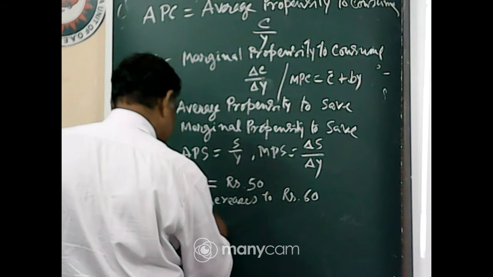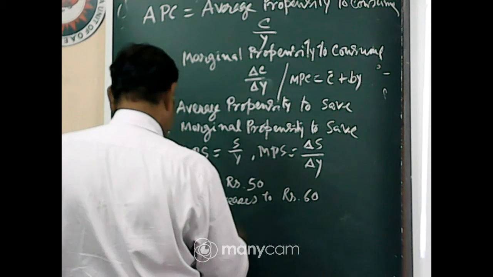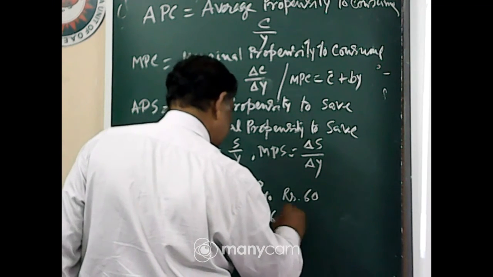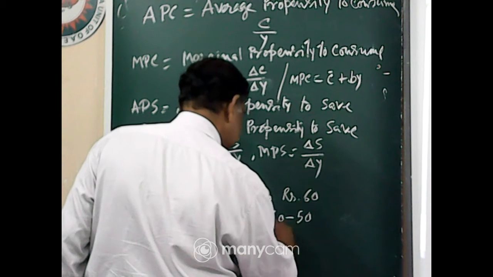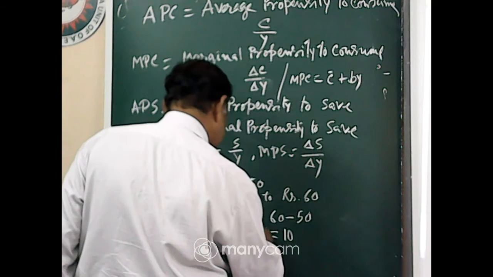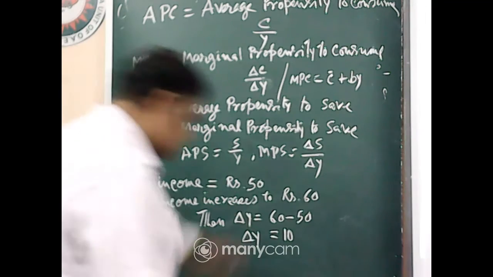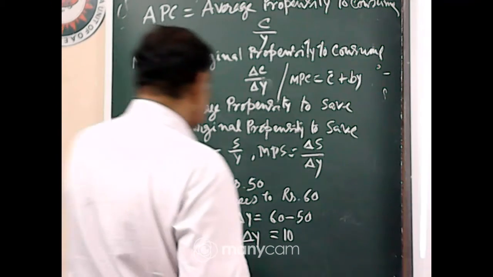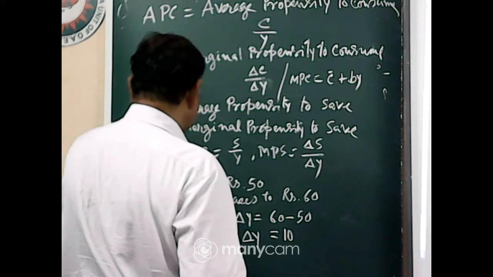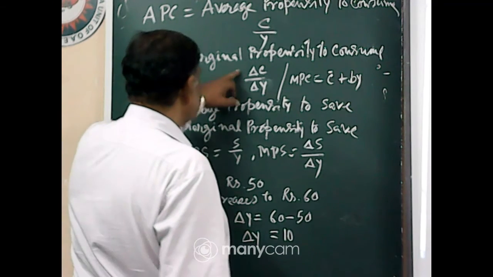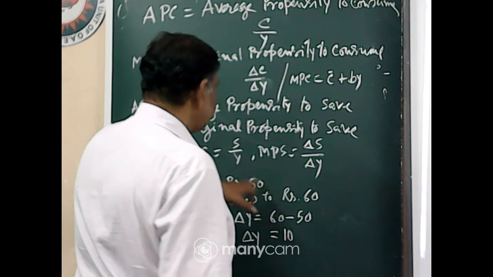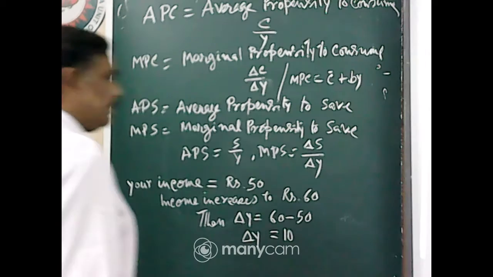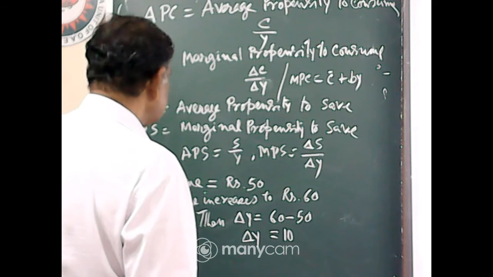Then delta Y is equal to 60 minus 50, which is equal to 10. So del Y is equal to 10. Increased income minus the first income, that is called del Y. In the same way, if you want to calculate delta C, suppose it is 50, then 60, 60 minus 50 is delta C. In this way, you can calculate APC, MPC and delta Y.